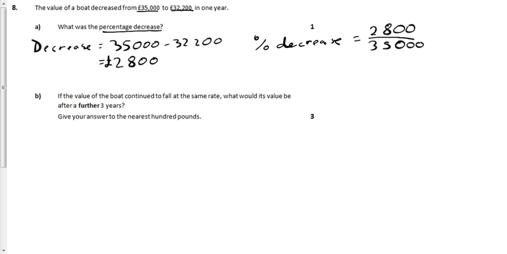Now, typing that into my calculator would give me that as a decimal. So to convert a decimal to a percentage, I would need to multiply that by 100. So typing that into our calculator gives us a nice answer of 8%.